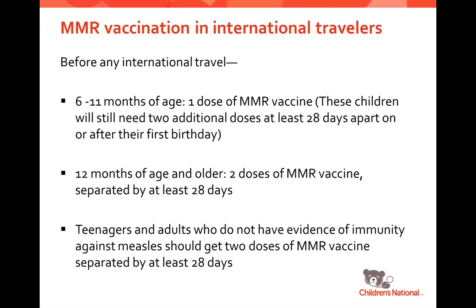If not, certainly give them their first dose, and then give them their second dose in the appropriate time range, because unfortunately a lot of folks don't come to clinic to see us 28 days before their international travel. And then teenagers or adults or even just older kids who don't have evidence of immunity against measles should get 2 doses of MMR vaccine, again separated by at least 28 days before they travel, or at minimum a single dose if they have not gotten any, or if they've just gotten 1 dose, get the second dose. All right.